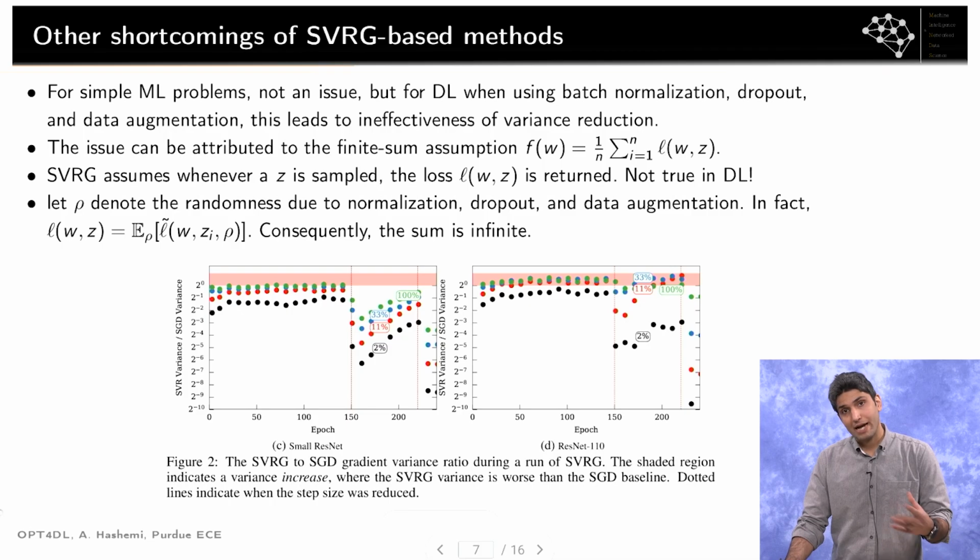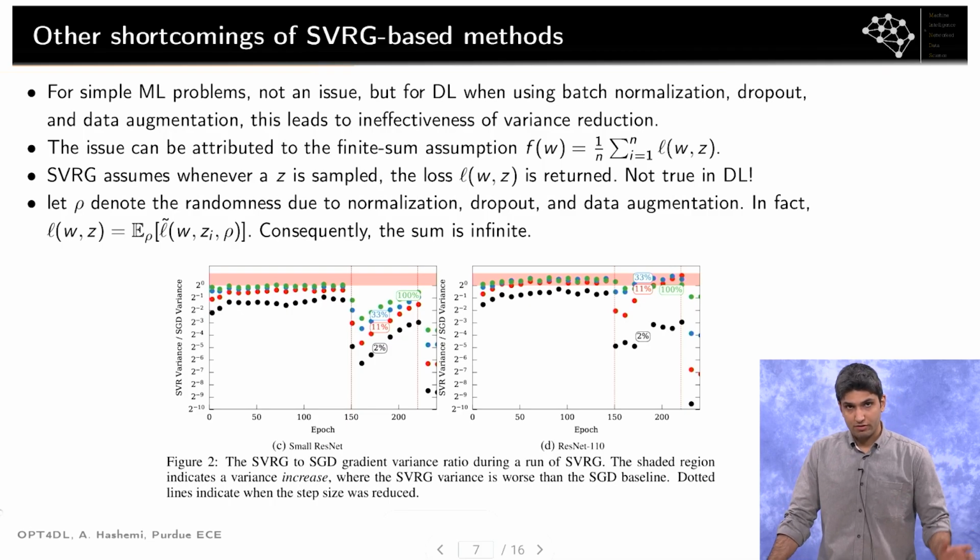Because in practice, when we are training deep learning models, we are using these heuristics and techniques, and that's where the issue arises. SVRG may lose its effectiveness. In particular, this control variate idea that we use for variance reduction is going to lose its effectiveness.